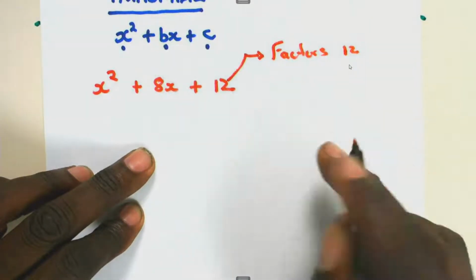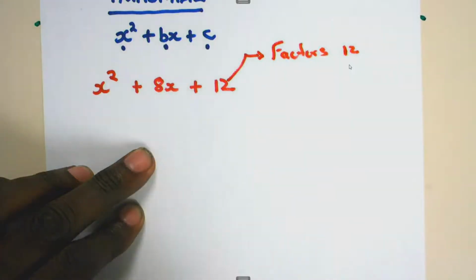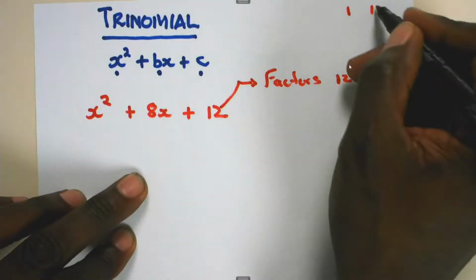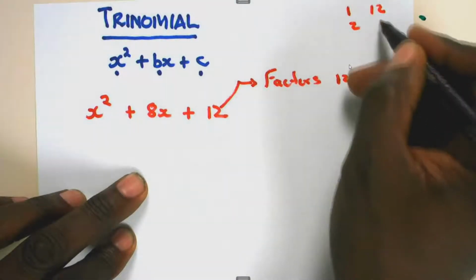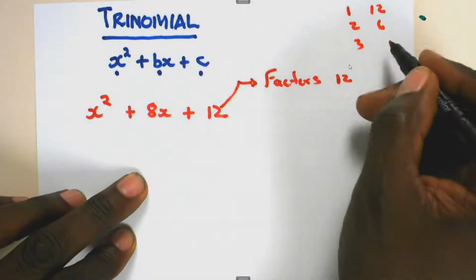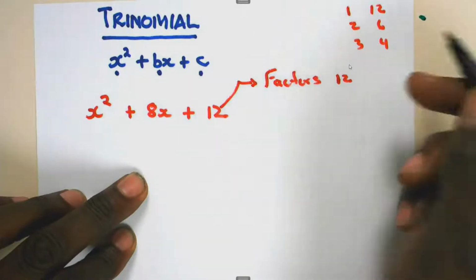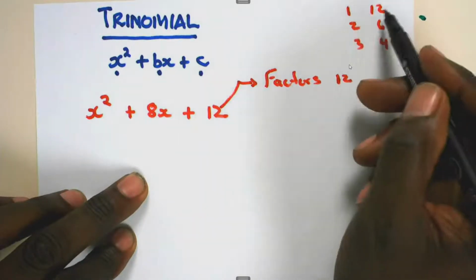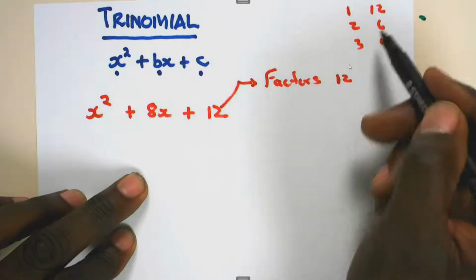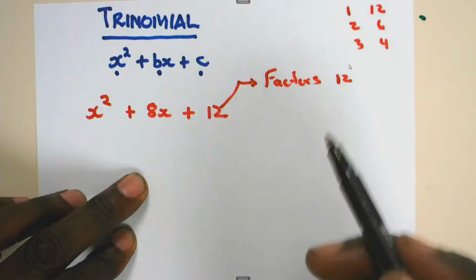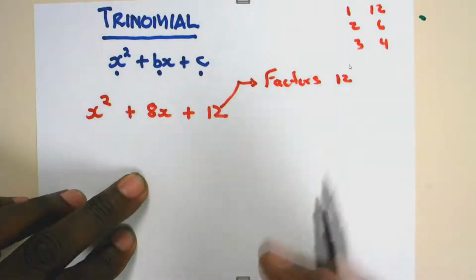The 2 numbers, when you multiply, you get 12. Let's make it a separate paper there. It is 1 and 12. It is 2 and 6. It is 3 and 4. Yes, there are 3. These are the factors of 12.